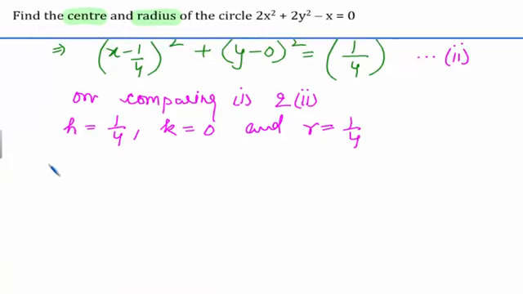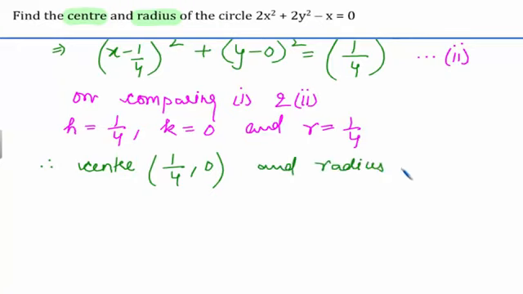Therefore our answer is: the required center of the circle, whose equation is given to us, has coordinates 1 upon 4 and 0 and radius equal to 1 upon 4.